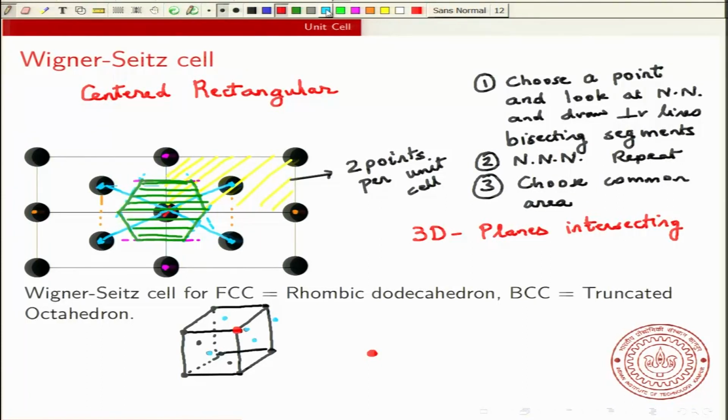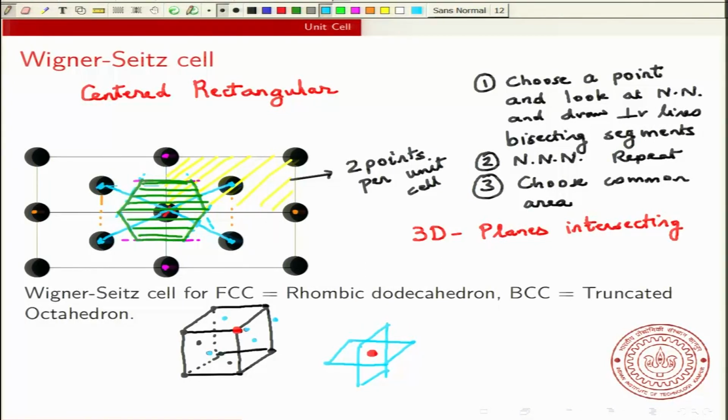So essentially if I take this out and I show it, I'll have a point like this, and I'll have nearest neighbors, 4 in the perpendicular direction, 4 in this direction, so I have 4 this way, and you will have 4 more in the third plane that is perpendicular to these two, and that will be the plane of this paper.